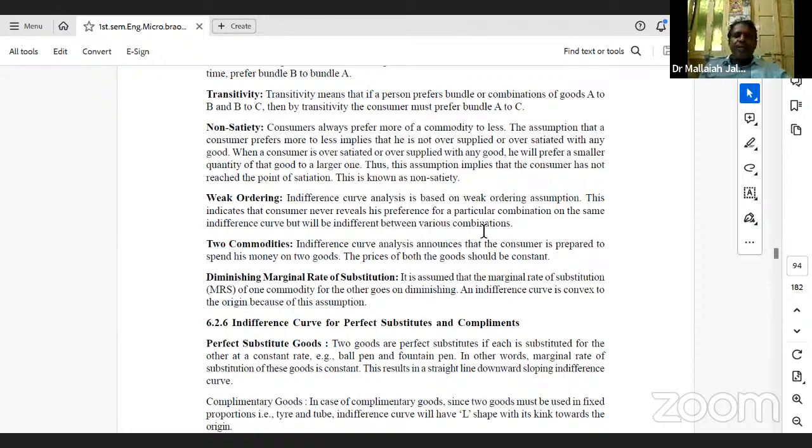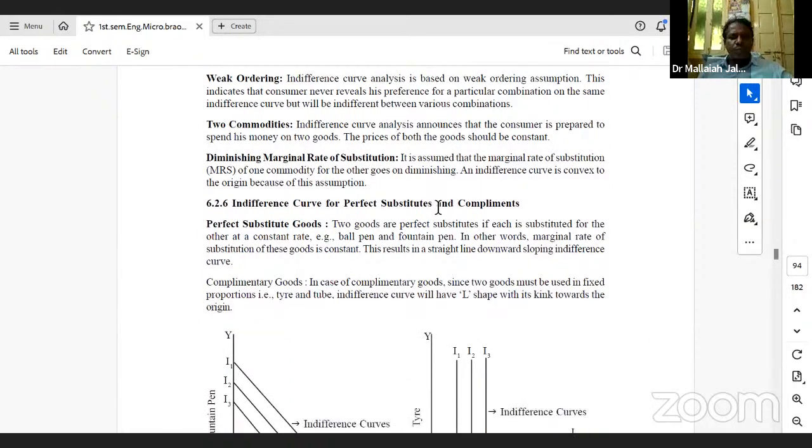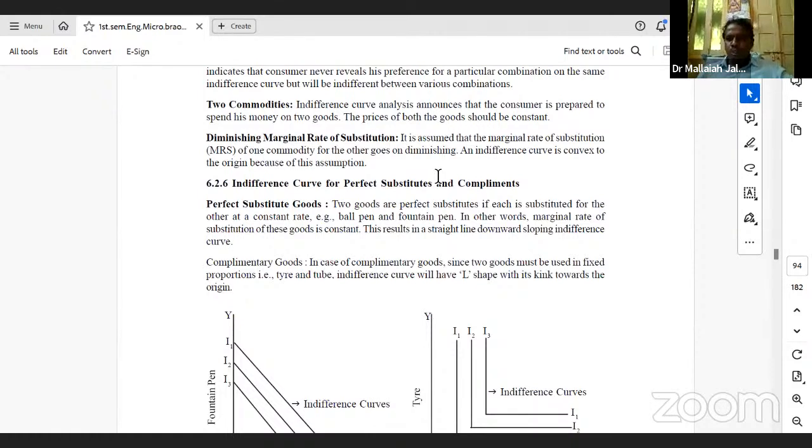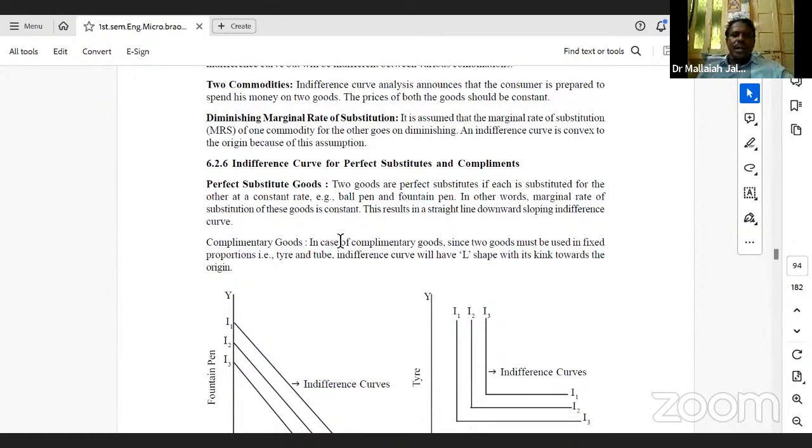And indifference curves for perfect substitutes and complements. When we observe perfect substitutes, as we know, there are complementary goods and substitute goods. Substitute goods: one commodity can be used for another alternative commodity, and the satisfaction from this substitute commodity will be almost the same.